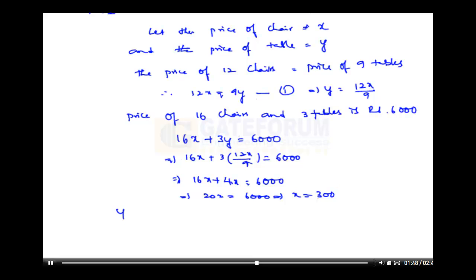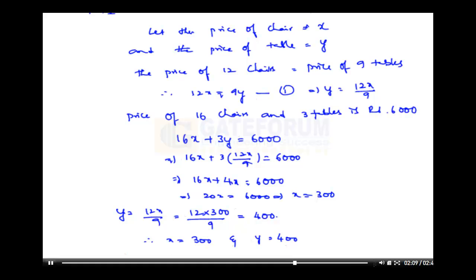From equation 1, Y is 12 into 300 by 9, which gives 400 rupees. So X equals 300 and Y equals 400.